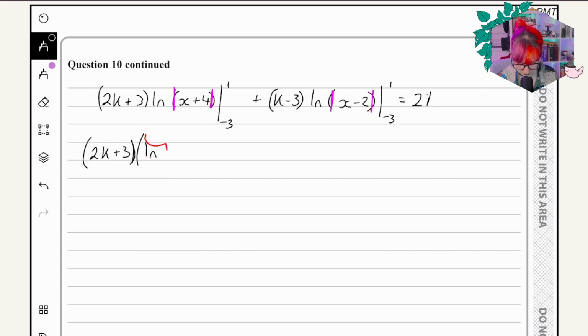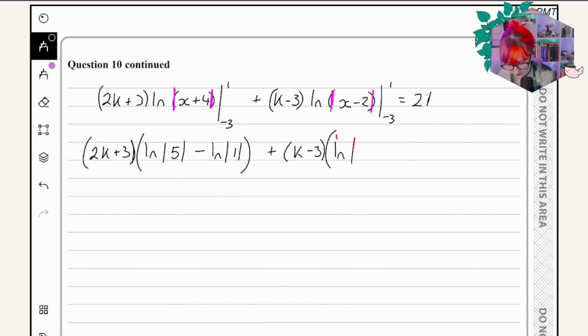Log of... okay, so x plus 4, where x is 1, so that's 5. Minus log of 4 minus 3, so that is actually 1. Plus k minus 3 ln of... So 1 minus 2 is the modulus of -1, minus ln the modulus of -5.